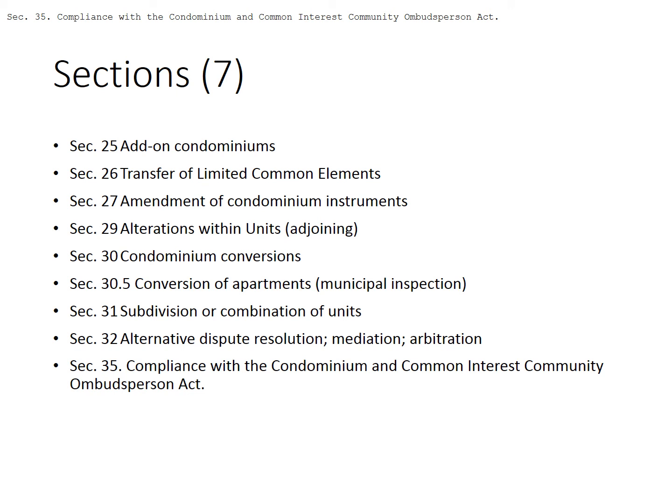27, amendment of the condo instruments. This basically provides that you can't have greater than a 2/3 voting requirement for amending the condo instruments. It might be less than that in the docs, but you can't go over 2/3, or 3/4 under certain conditions.